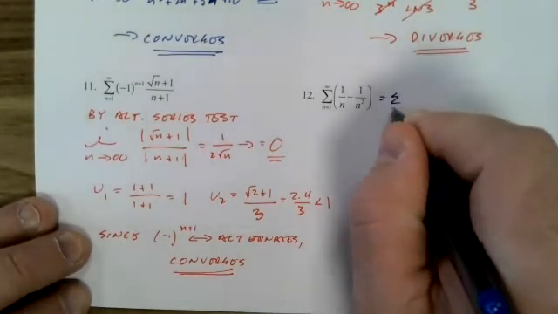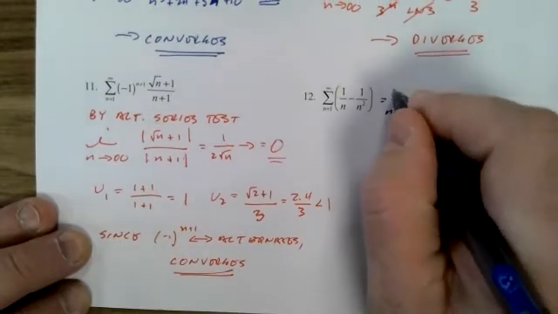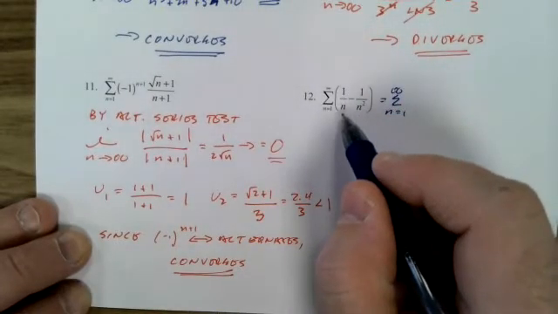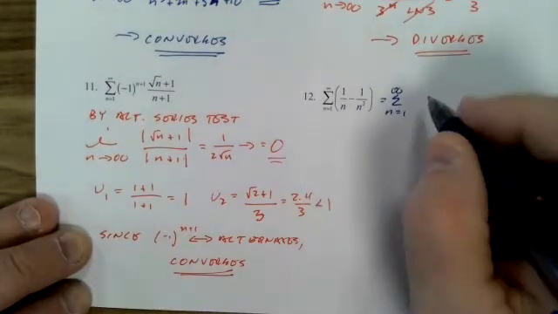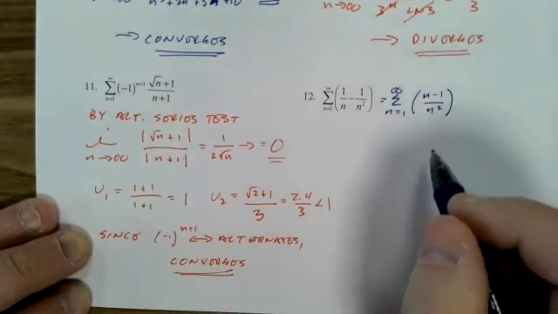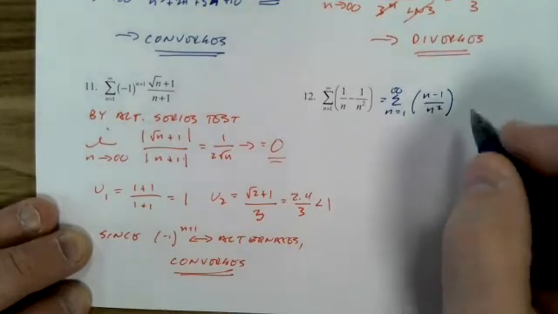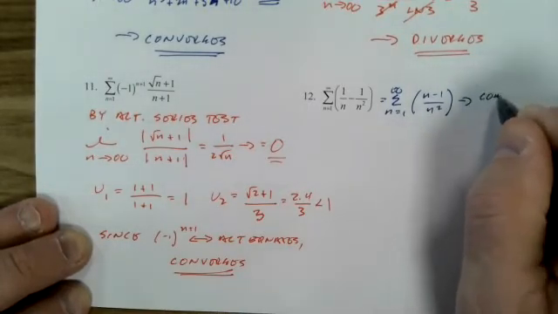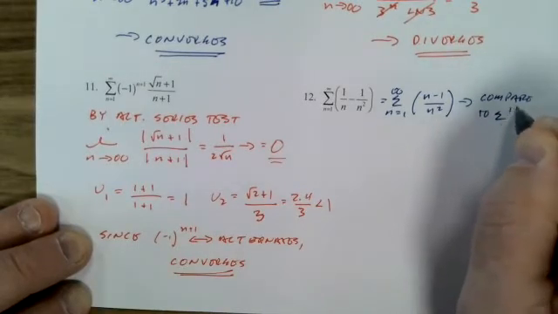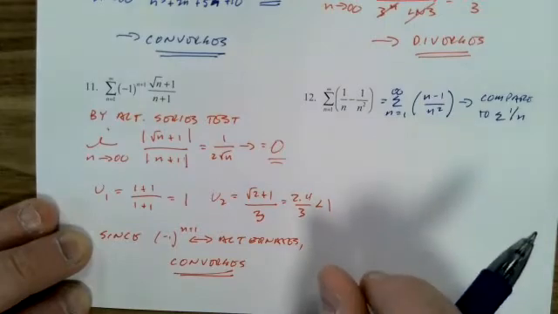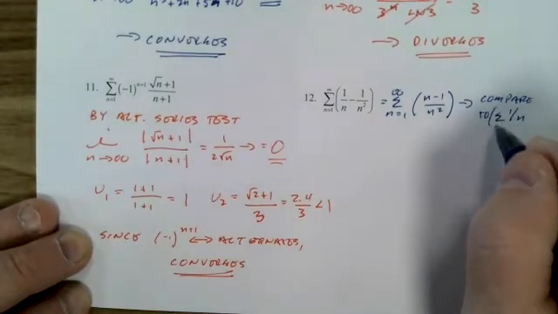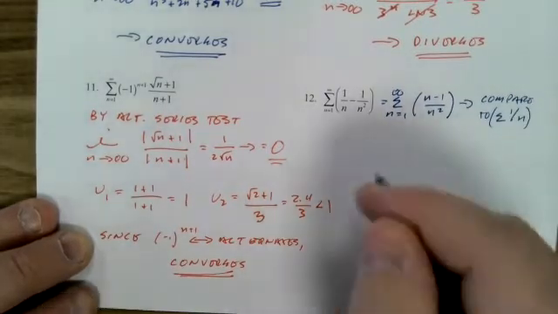So this is the same as n squared, n over n squared, n minus 1 over n squared. This, of course, is going to diverge. We're going to compare to that.